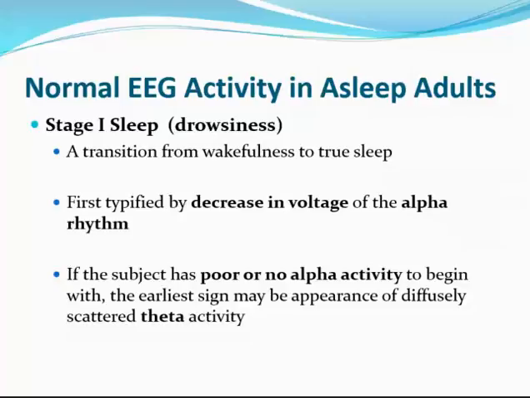Now, stage one sleep: our subject is getting drowsy. There's a transition from wakefulness to true sleep. It is first typified by a decrease in voltage of the alpha rhythm. If the subject has poor to no alpha activity to begin with, the earliest sign may be the appearance of diffusely scattered theta activity.